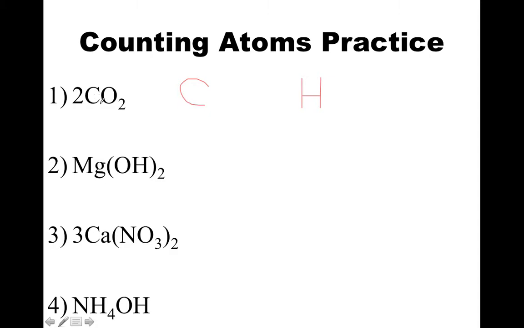All right, since there's no subscript behind C, it's understood 1. So that 1 times 2 gives me 2 carbons, okay? Now, oxygen, there's a subscript behind it that's a 2. So to find out how many, oops, and I wrote a hydrogen there, forgive me, that should be an O for oxygen, okay? So that O right there for oxygen, I want to know how many.